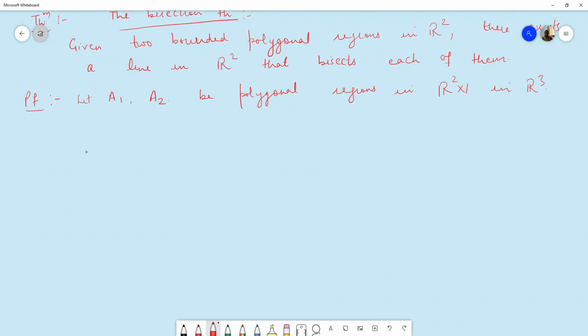So instead of taking bounded polygonal regions in R2, we are taking these polygonal regions in R2 cross 1, and that is a plane in space R3. And now we will show that there is a line L in this plane R2 cross 1 that bisects each of them. Now we take a point U of S2, for any U in S2.